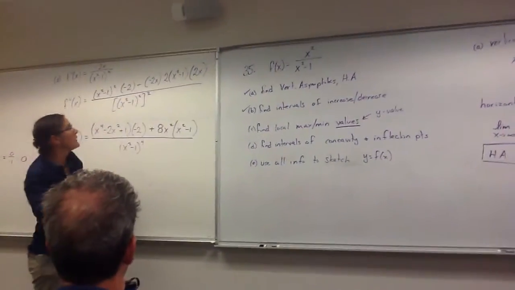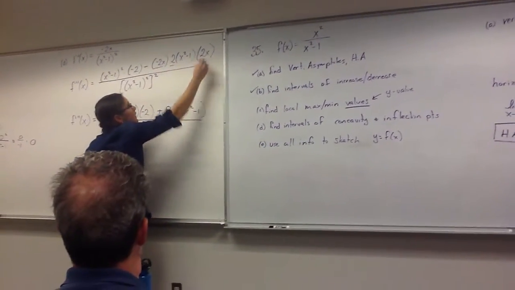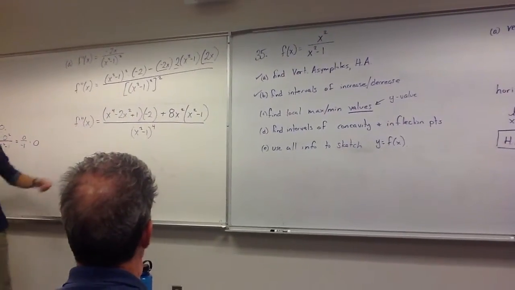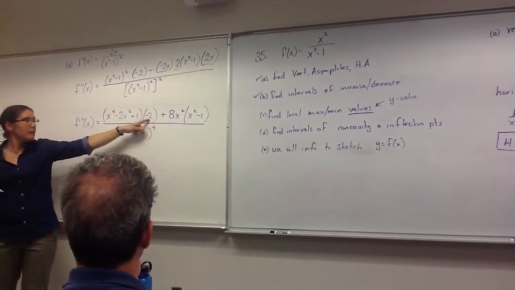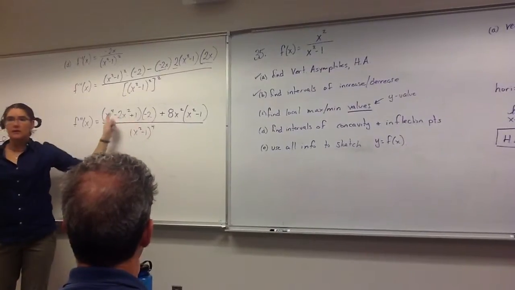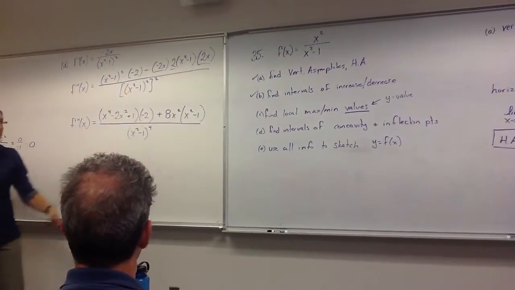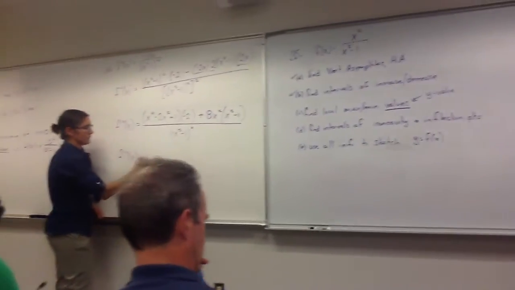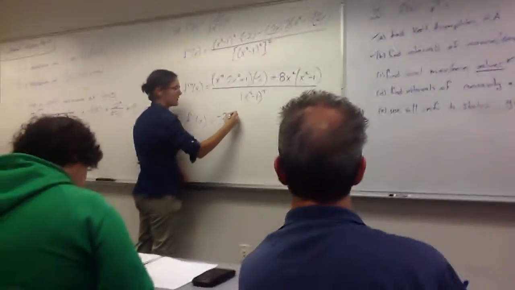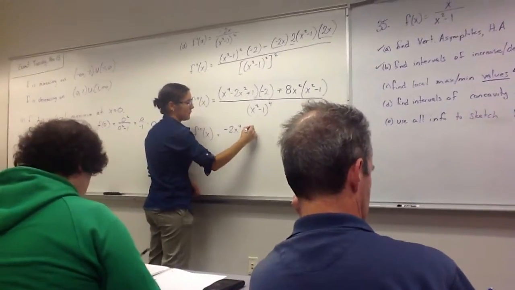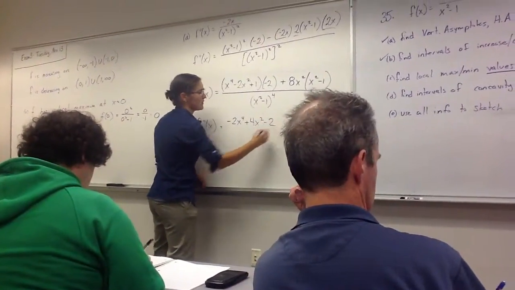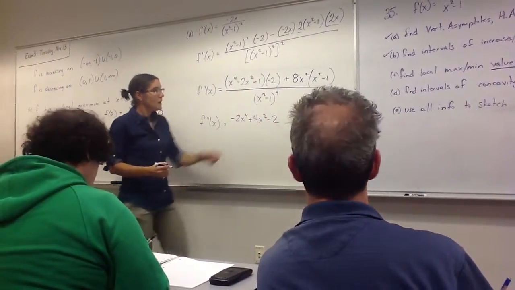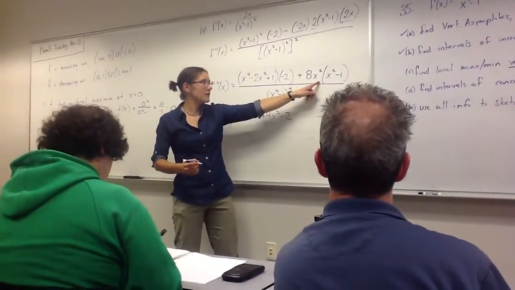Okay, so I've combined a few of my like terms up here. And I still have a little bit more to do. For example, my negative 2 I need to distribute through my first set of parentheses. So we've got negative 2x to the 4th plus 4x squared minus 2. And over here, I'll distribute the 8x squared.